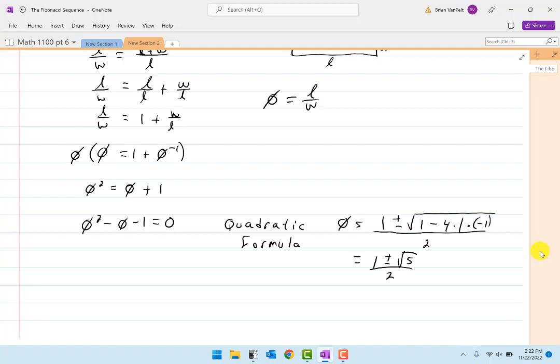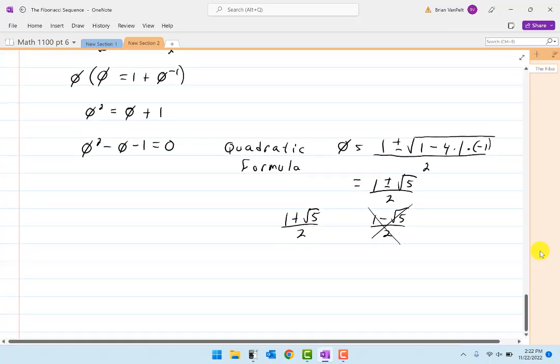Now, oftentimes it happens in mathematics that we get more than one solution and we end up throwing away solutions that don't make any sense. So if you take a look, that's a positive number. That's a negative number. We do not want the negative number. That's not the solution.